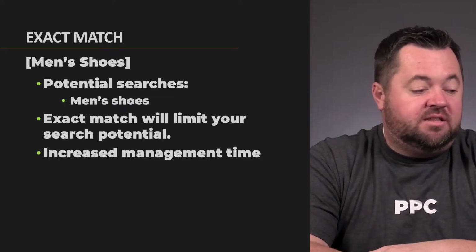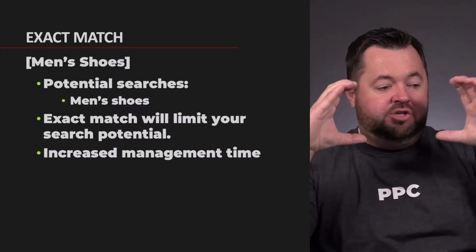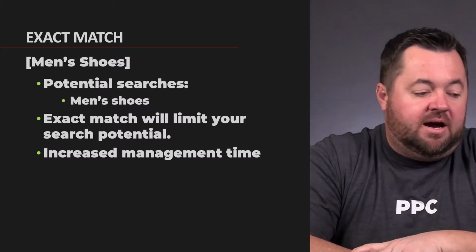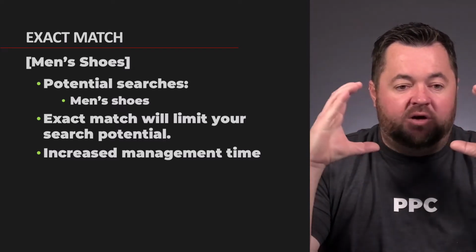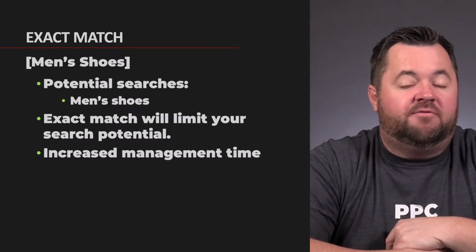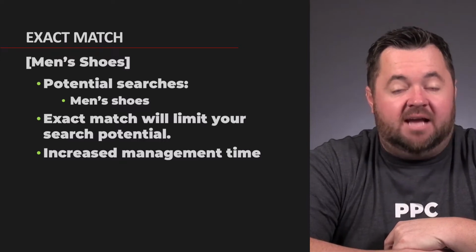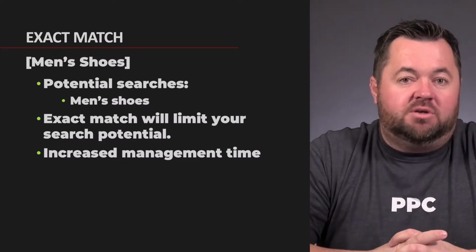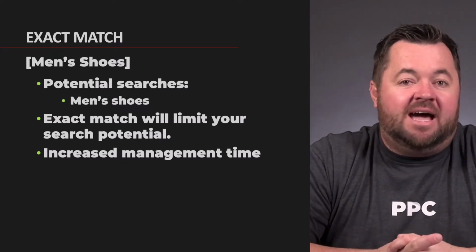Now, you'll notice at the very top here where it says square brackets, men's shoes. It's got bracket, men's shoes, bracket. Now, that syntax, that punctuation with the square brackets, is how you know in the platform that you're running an exact match keyword. So if you're running exact match, Google actually will put these square brackets around that keyword term to let you know that your ad's only going to show when somebody types in exactly that.